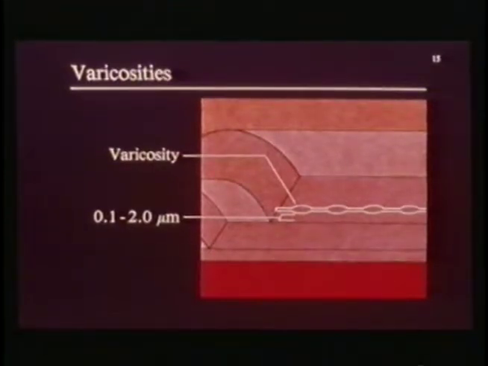The sympathetic nerve fibers have numerous swellings called varicosities along their length. The varicosities usually lie 0.1 to 2.0 microns from the smooth muscle cells. When the nerve is stimulated, the varicosities release the transmitter substance norepinephrine, which diffuses to the smooth muscle cells.